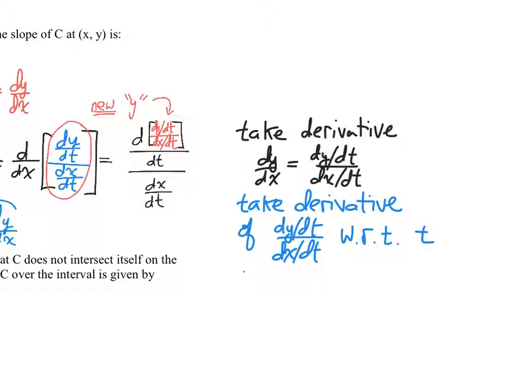Then finally, we're going to divide by dx/dt. I'll make them like little bullet points here. Boop. Boop. And boop.